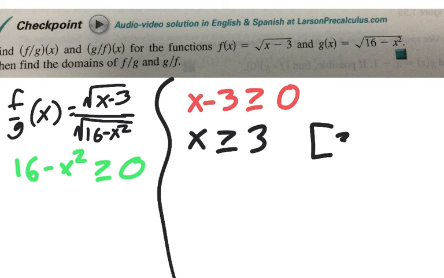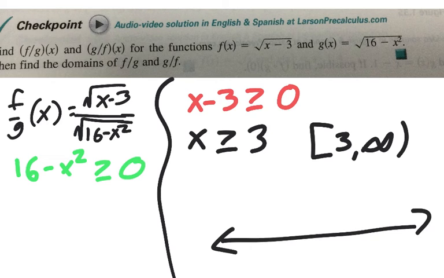So that means from 3 to infinity, the red one says we're good to go. Which means they're saying from 3 to infinity. That should be the domain.